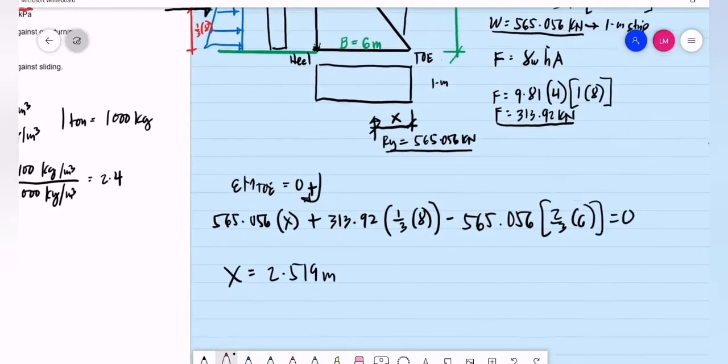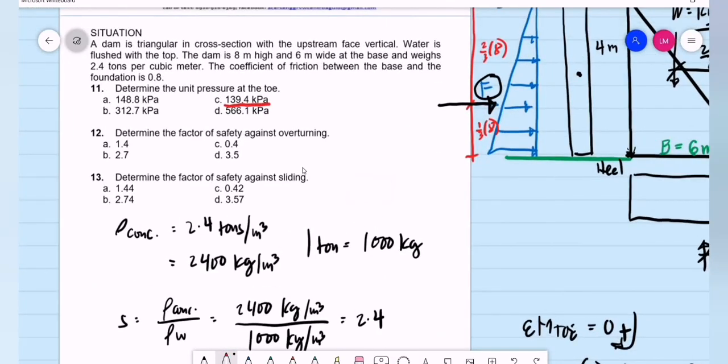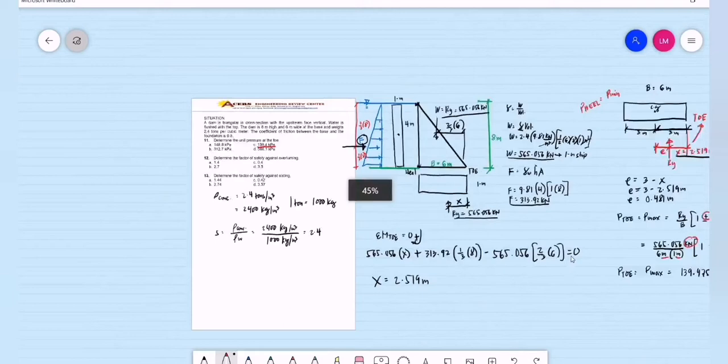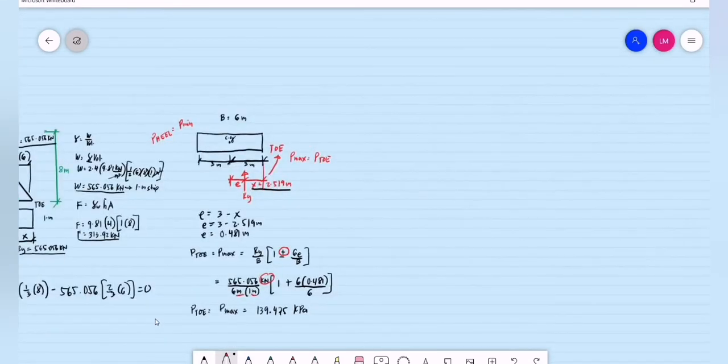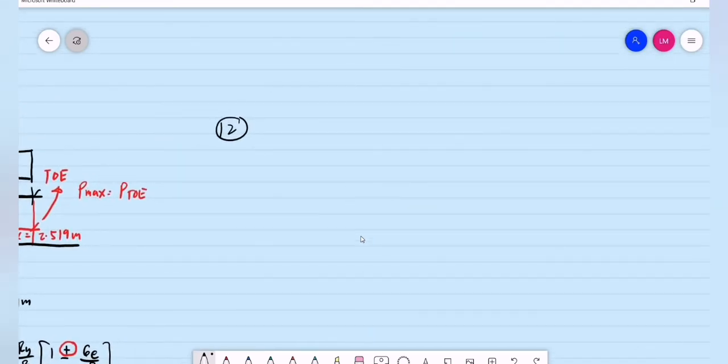Then question number 12. Determine the factor of safety against overturning. How do we compute the factor of safety?